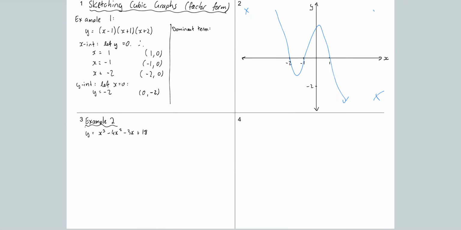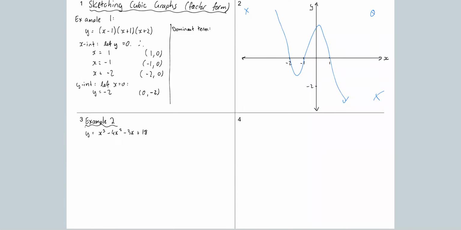Just a reminder, this is quadrant 1, this is quadrant 2, this is quadrant 3, and quadrant 4. So we'll always start in one of these quadrants, and it will always end in one of these quadrants, and it's always diagonally opposite. So if it starts in Q3, it goes to Q1. If it starts in Q2, it goes to Q4. I say start, but of course it goes on forever, but in terms of the stuff that you can see.